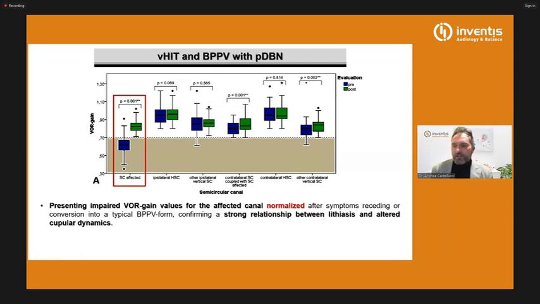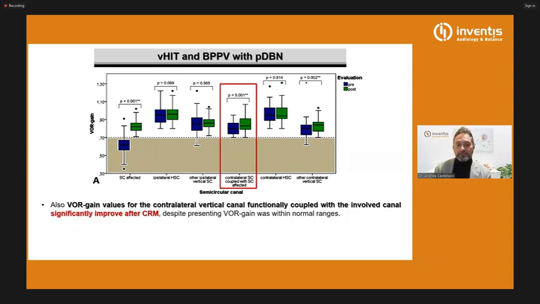After symptoms receding or conversion into typical BPPV, there was a normalization in all cases of the gain, confirming there was a strong relationship between canalolithiasis, this incomplete plugging, and altered cupular dynamics.